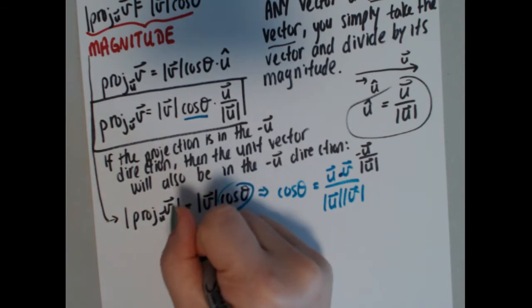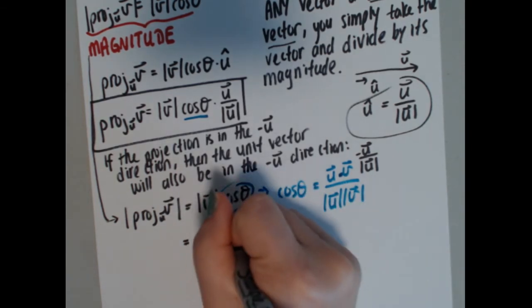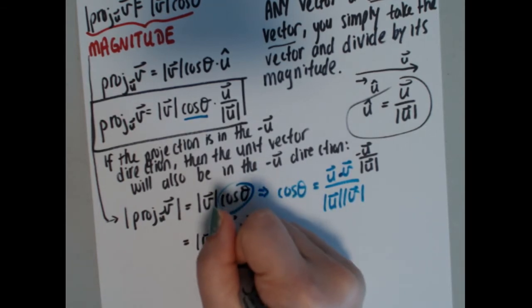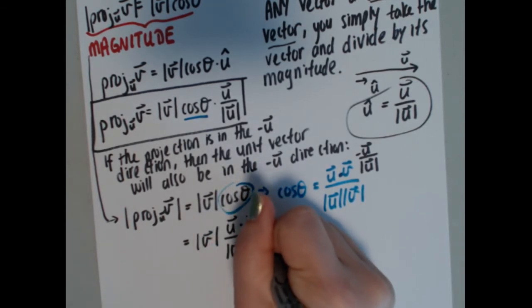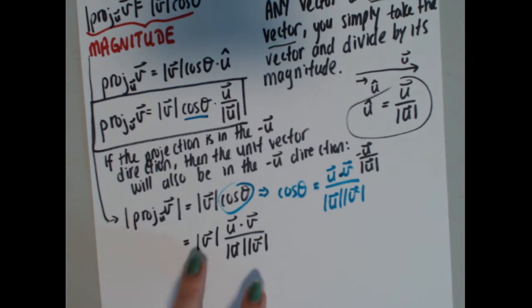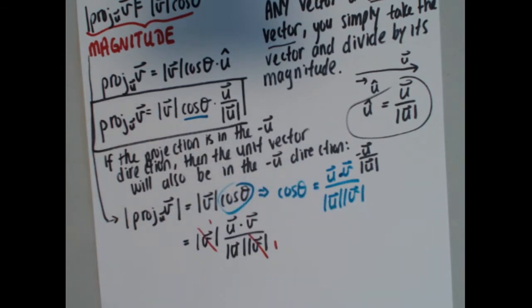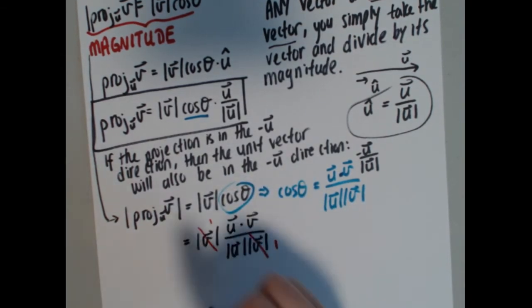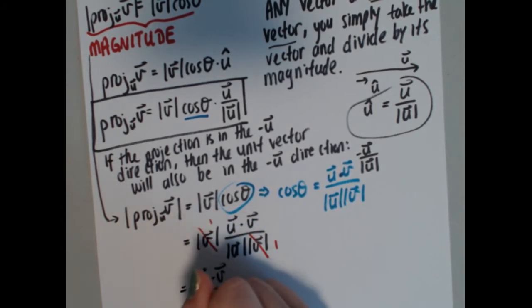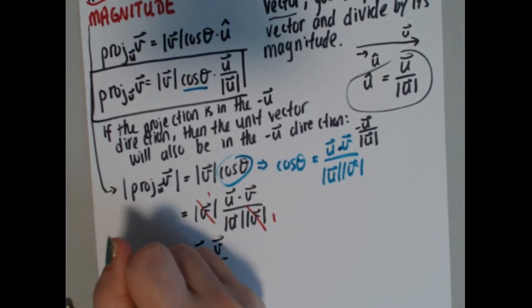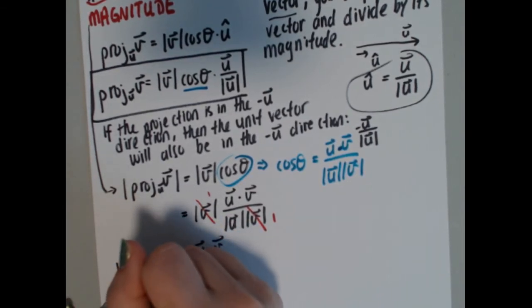I have magnitude of v times u dot v divided by magnitude of u, magnitude of v. I have a magnitude of v in both the numerator and denominator, so those cancel. Then I'm left with just u dot v over magnitude of u. So that is another expression for the magnitude of the projection of vector v onto u.